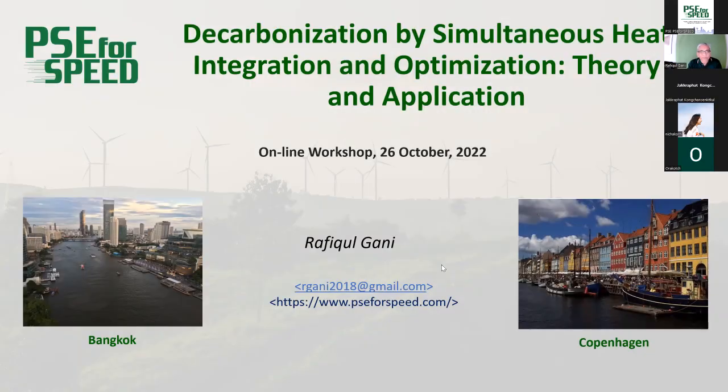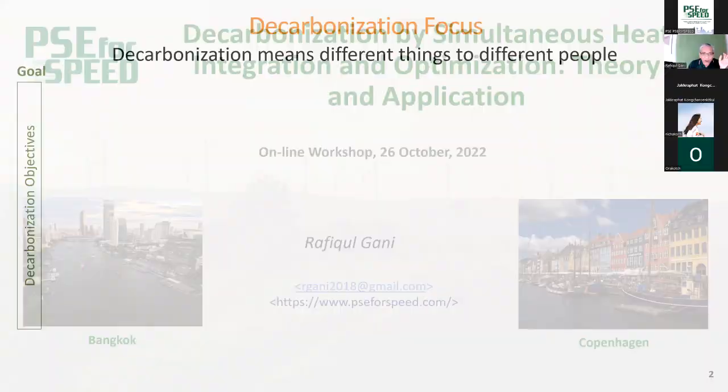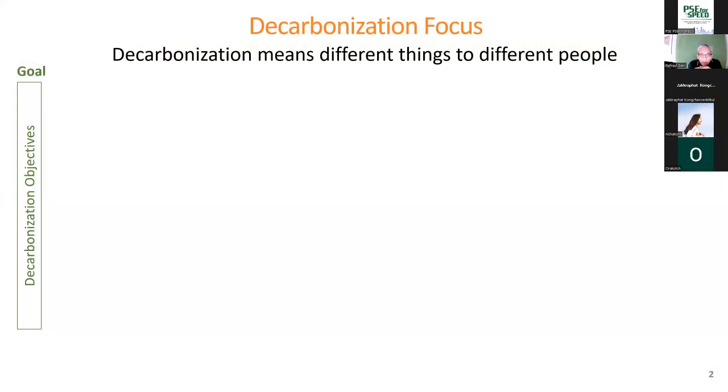Okay, so decarbonization is a very important word these days, but it means a lot of things to a lot of different people. So we will try to define what we mean and what are the effects of decarbonization, objectives of decarbonization that we will try to satisfy.